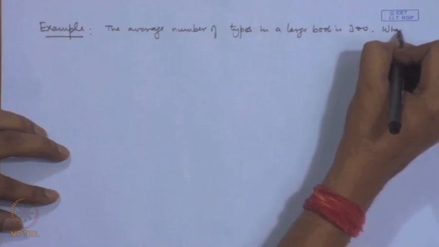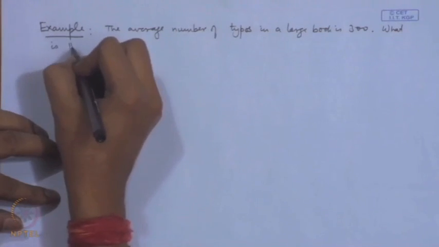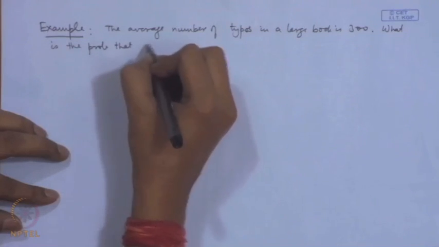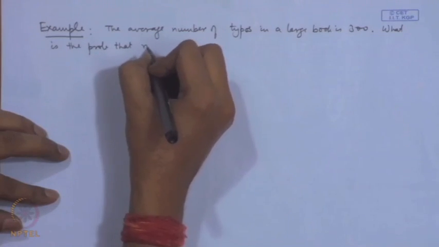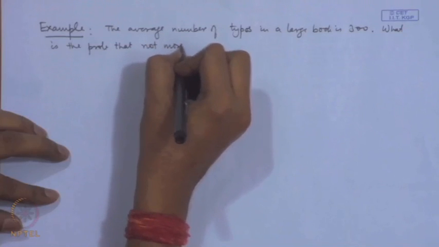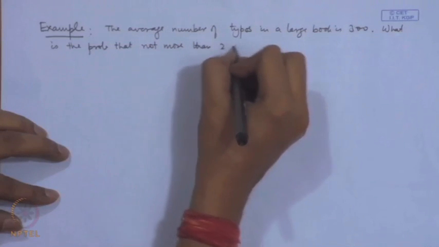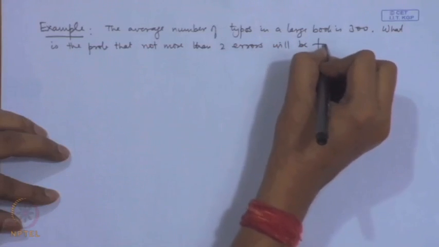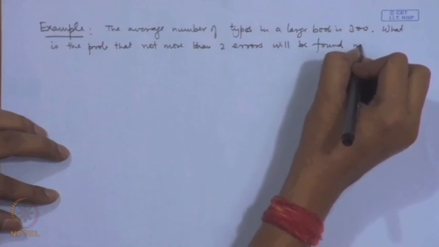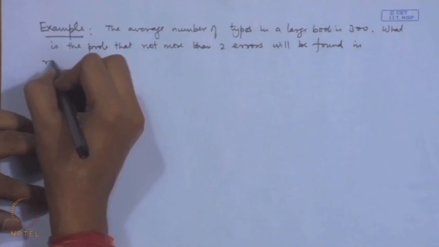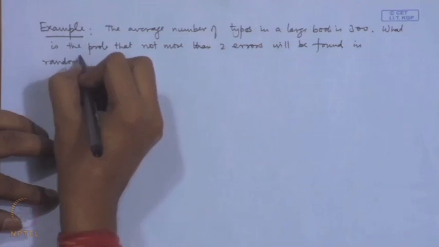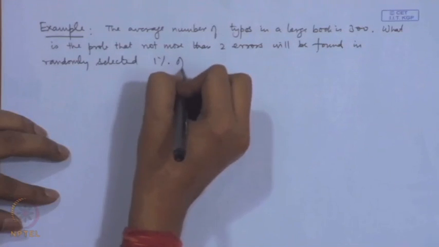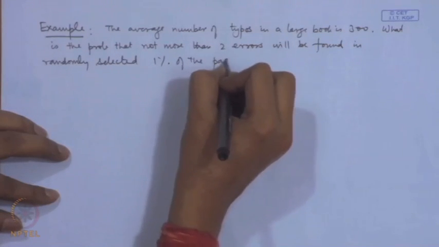What is the probability that not more than 2 errors will be found in randomly selected 1% of the pages?